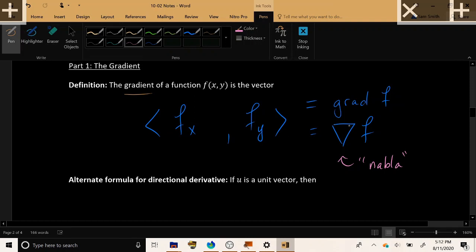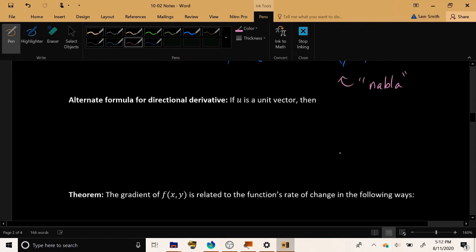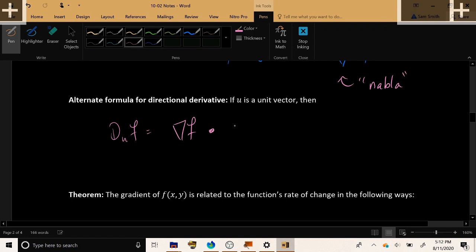If I wanted to express the formula for the directional derivative in an alternative way, one way that we could do that is we could say the directional derivative is equal to the gradient vector, nabla f, grad f, dot product with u.